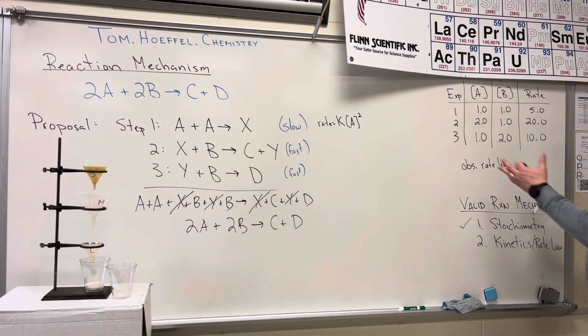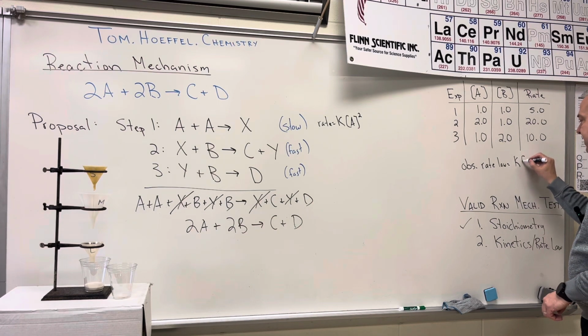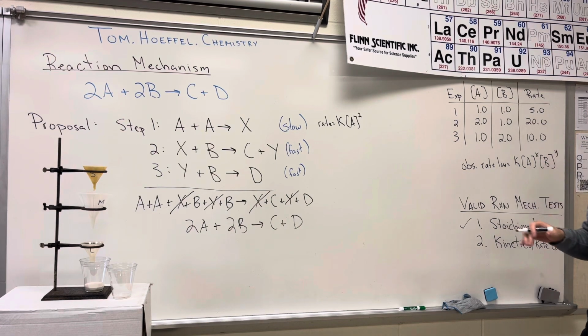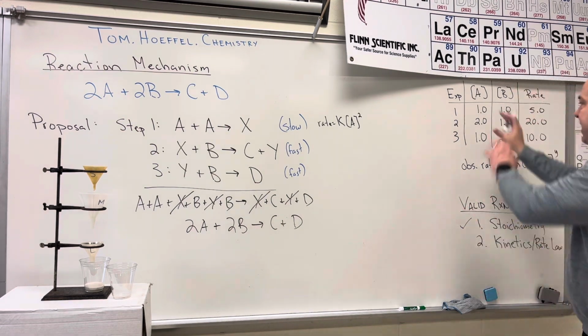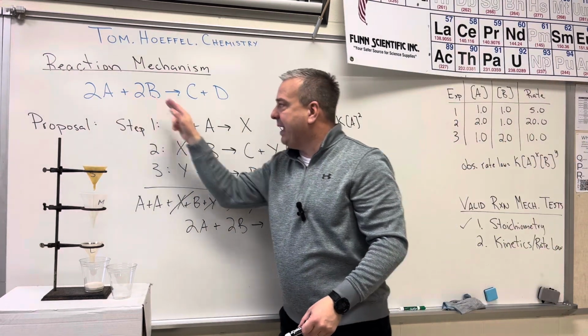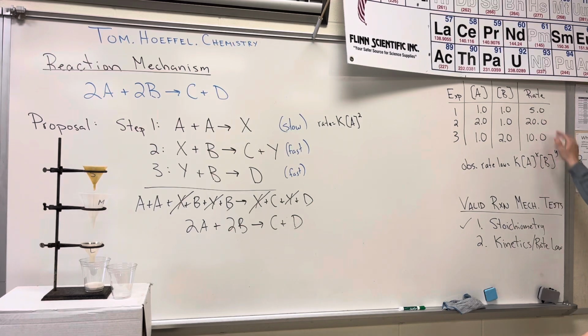So it's going to be equal to k times A to the x, B to the y, and what we're trying to determine is what x and y are using this data, okay? Rate laws will always be the reactants, but to figure out the exponents, you need to use experimental data. So let's figure out the x here, okay?